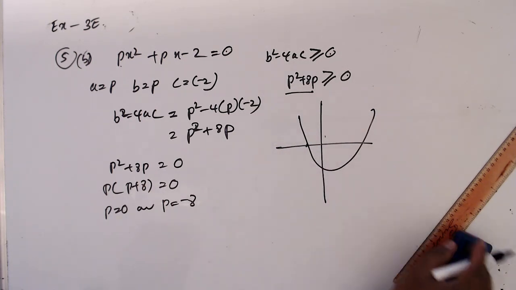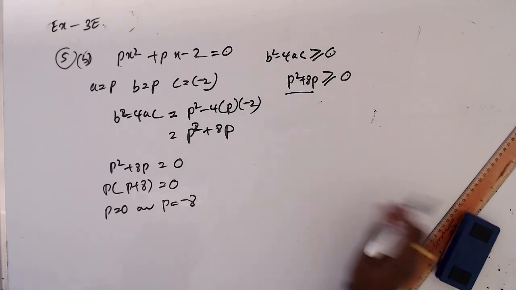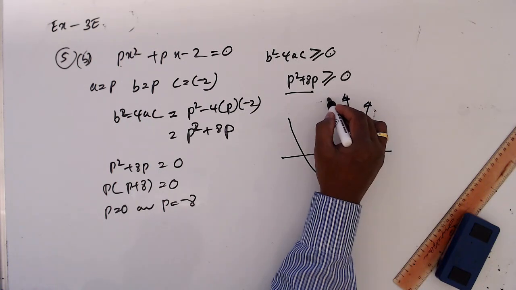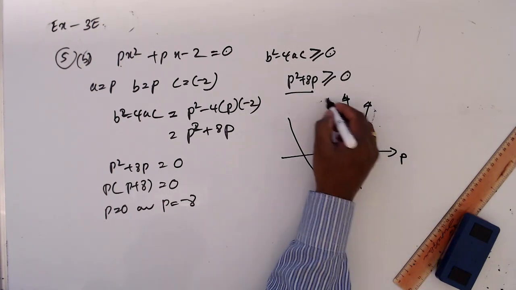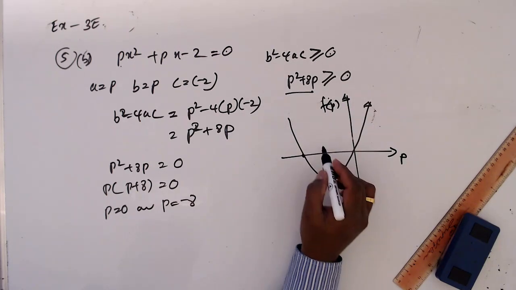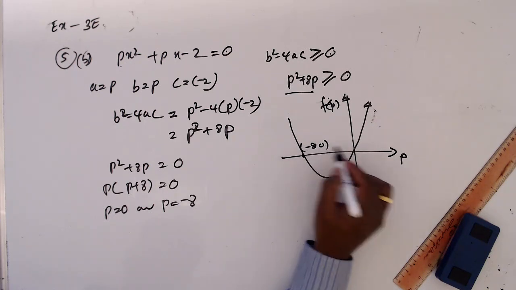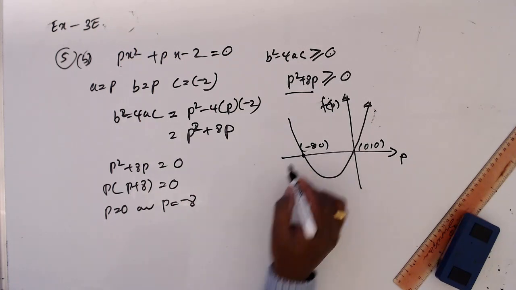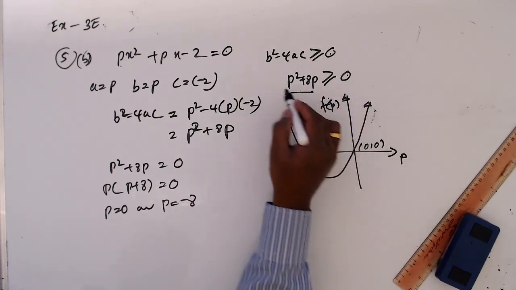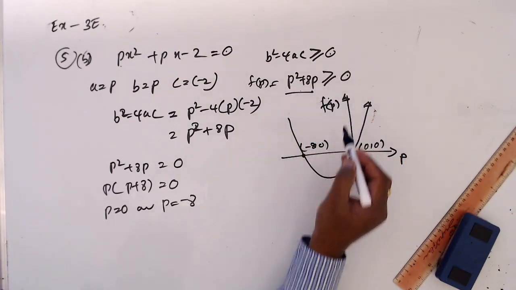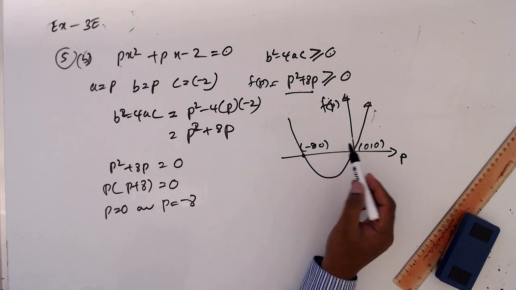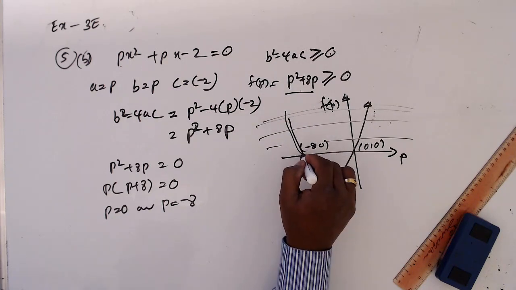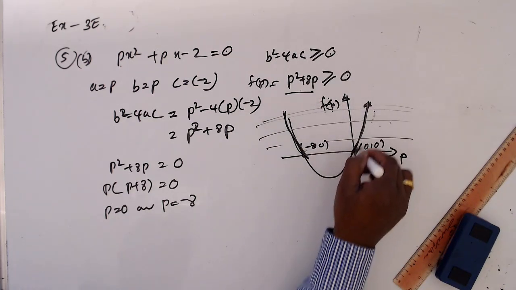and this is p, this is function of p, this is minus 8, 0 and 0, 0, and we want the function of p to be greater than or equal to 0. So if p values are greater than 0 for this area, it means in the curve those are the parts.